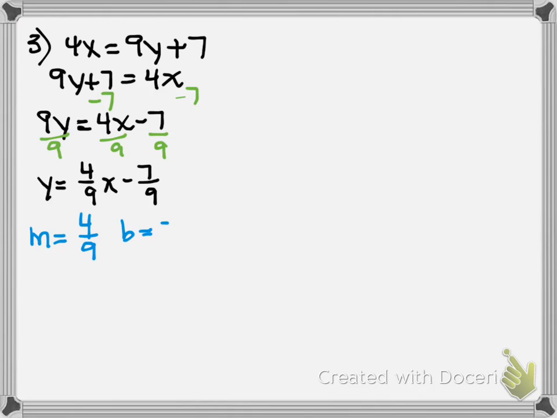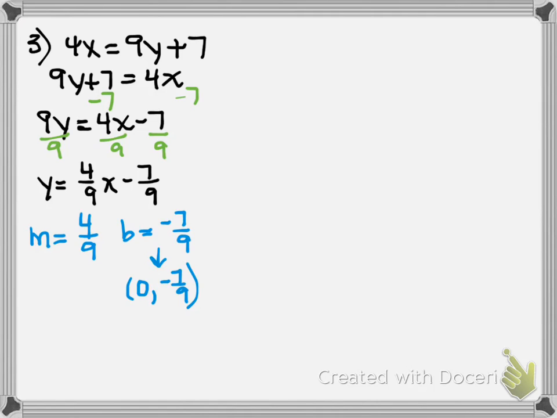Negative 7 over 9. Excellent. You didn't drop off the negative, which a lot of people want to do. Remember, everything after the x, including sign, is going to be your y-intercept. And again, if we wrote it as an ordered pair, for the y-intercept it would be 0, negative 7/9.